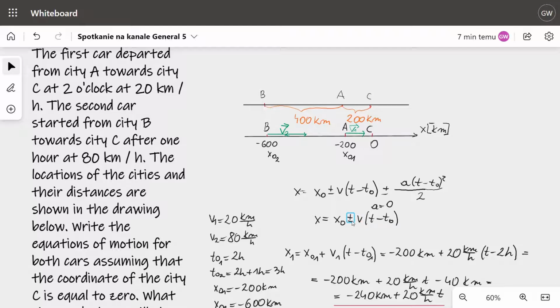In front of v we write plus if the velocity vector is directed the same as the axis, or minus if the velocity vector is opposite to the axis. Vectors v1 and v2 are directed the same as the x-axis, so in both equations of motion there will be plus in front of v.